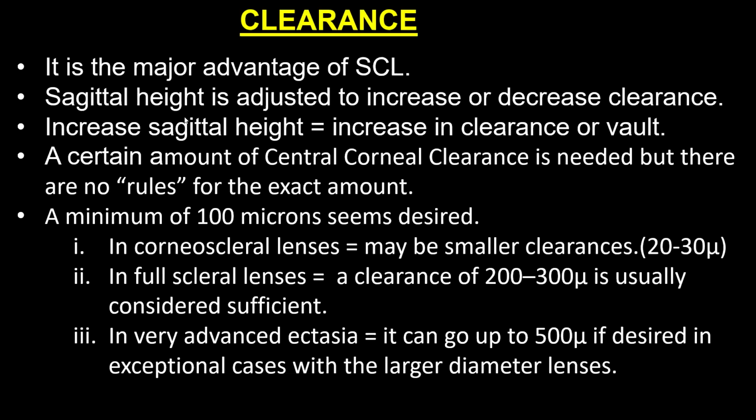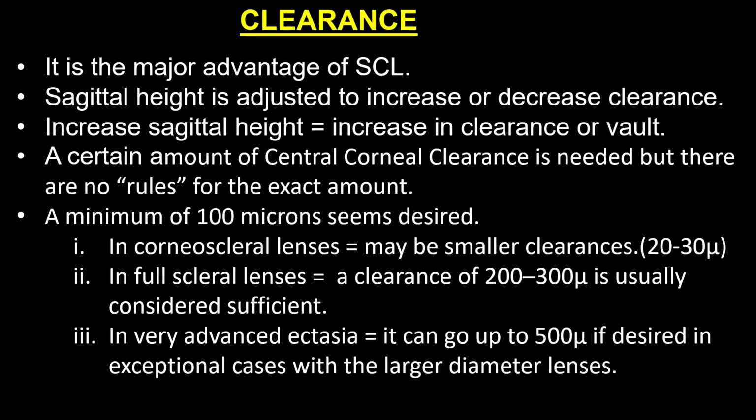Now the clearance is also determined by what you call the sagittal height. Sagittal height is the height between, I think I have a slide to explain that, so I can skip that for now and move on. What to take from this slide is that a minimum of 100 micron is desirable in the clearance. How is it determined? Why should I be aware of it? How can I control that?